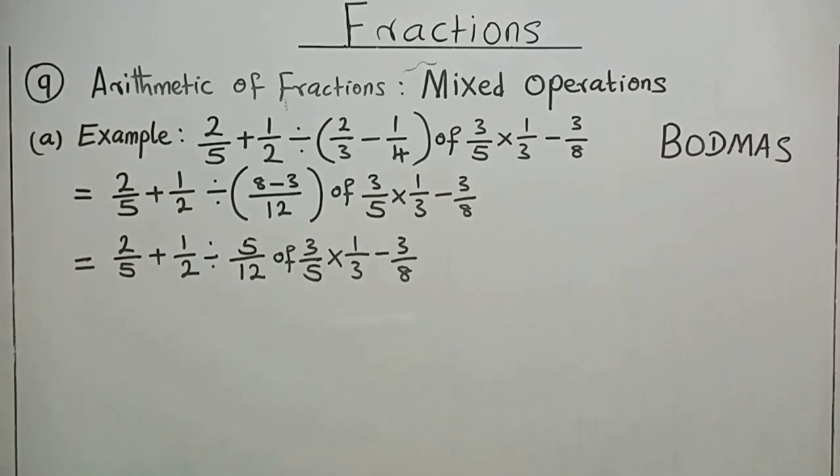Now at this point, we have dealt with this bracket. Next is this off. What is off? Off is here. That means that I will now join these two because it is these two that are connected by this off. Off, essentially, when translated, means multiplication.